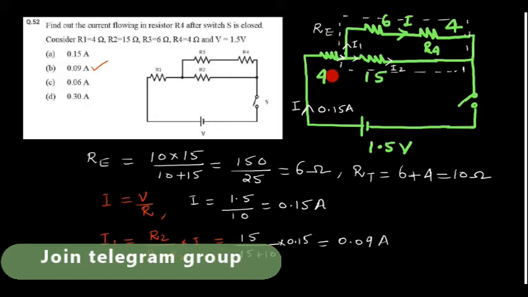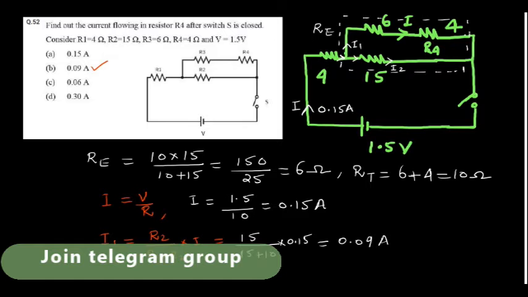This much, R3, R4 and R2. What is the combined resistance? First I will find out RE. All of you know how to do the parallel combination resistance value. So we will get 10 ohm.